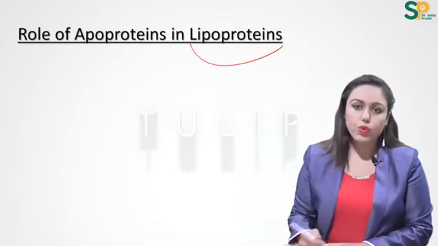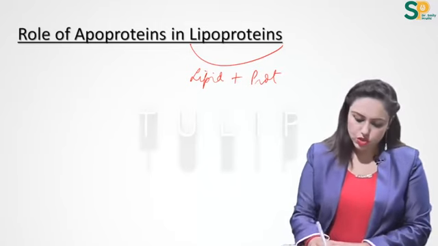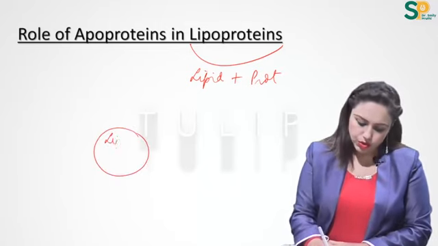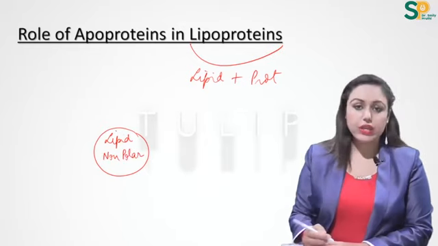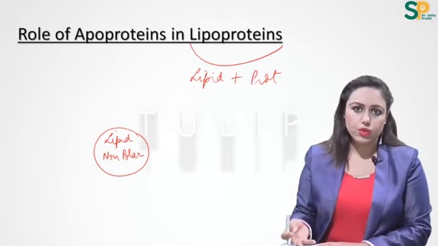What do you mean by lipoprotein? Lipoprotein means lipid plus protein, and how it is arranged: the lipid portion is non-polar, so it cannot freely circulate in blood because blood is polar and lipids are non-polar.